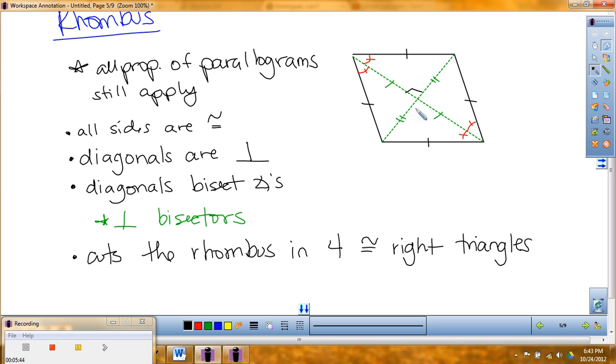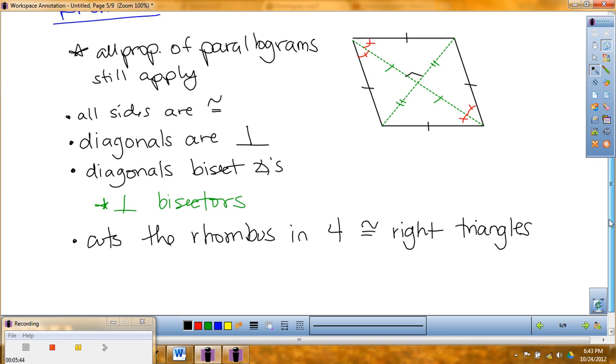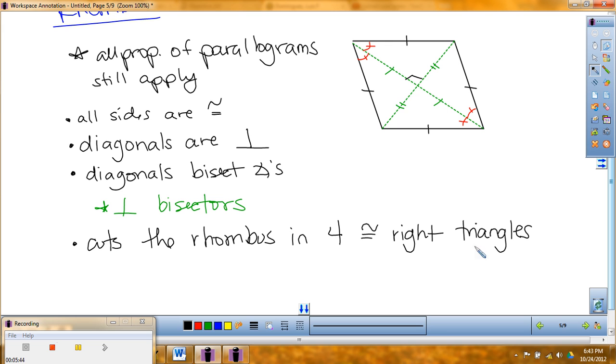So if all of these angles are right, all of these sides are congruent, and these are bisected, using our triangle congruencies, we can prove that all of these triangles are congruent. We will get to some of that tomorrow, but for now, it's enough to just know that they are, and then we'll get into how we can use that later on. Okay? Moving on.